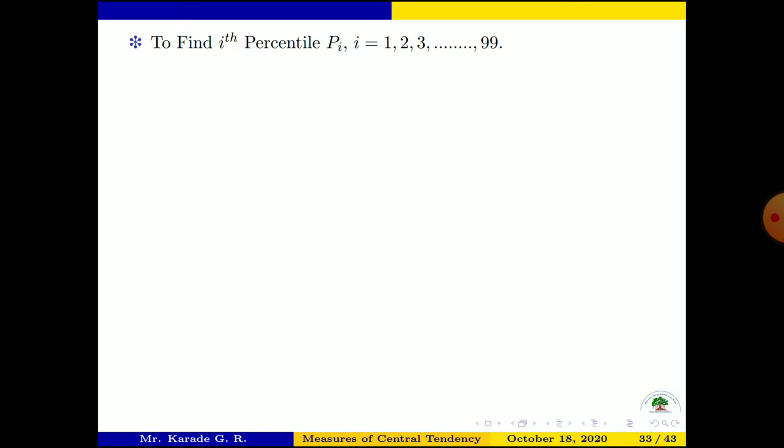To find the ith percentile, Pi, for i running from 1, 2, up to 99, in general, we will find the ith percentile of the given data. By using this formula, you can find all percentiles of the given data.